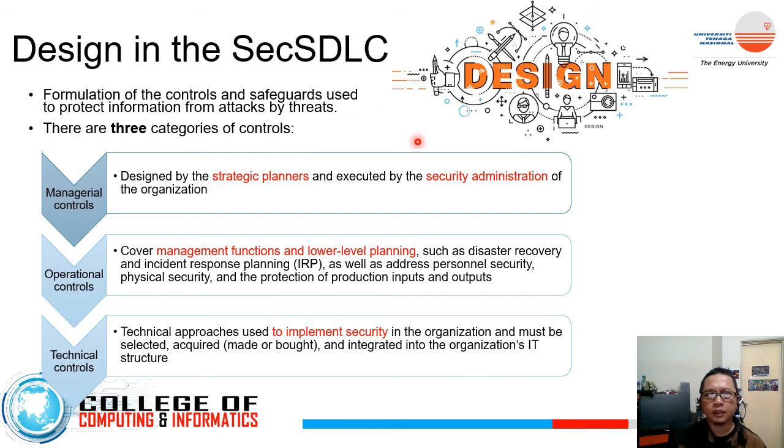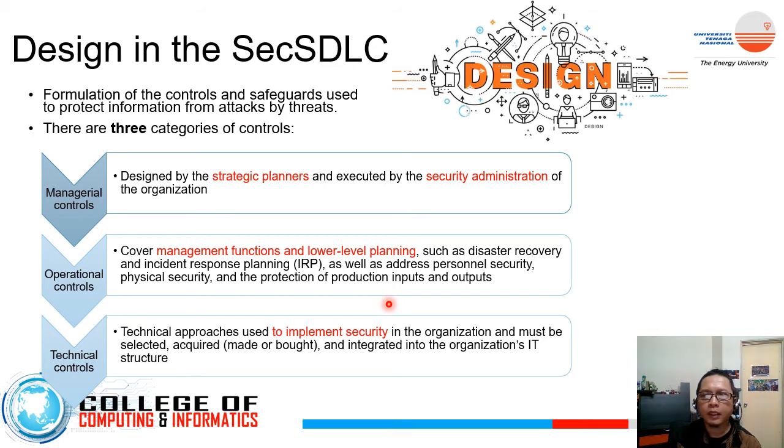In the design phase, there are three categories of control. You have managerial control, operational, and technical. Managerial is designed by the strategic planners, meaning the top management will design a certain policy that must be executed by the admin of the organization. Operational wise, it covers the management function and lower level planning. So let's say you have this certain policy, and then you have a certain thing that you need to implement. Let's say an attendance system.